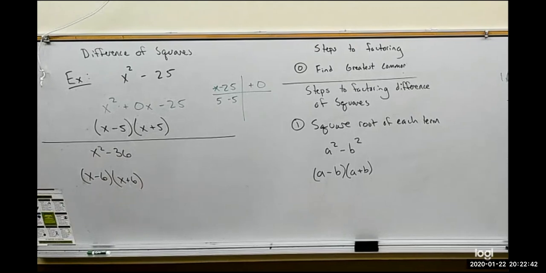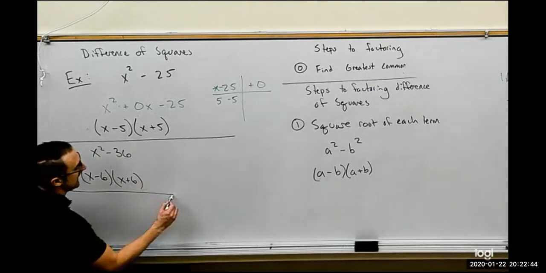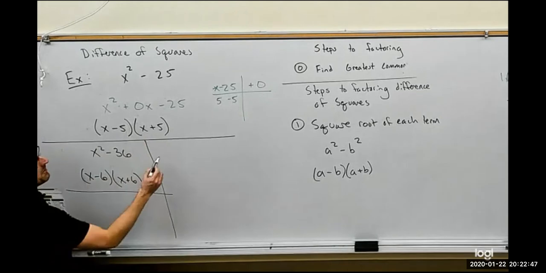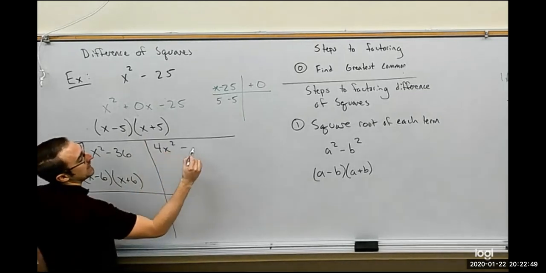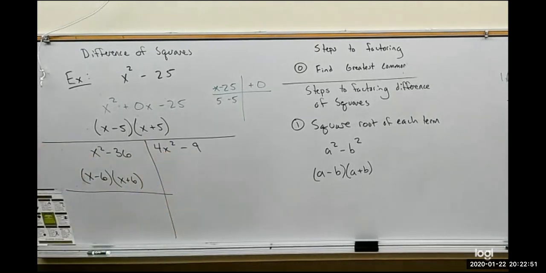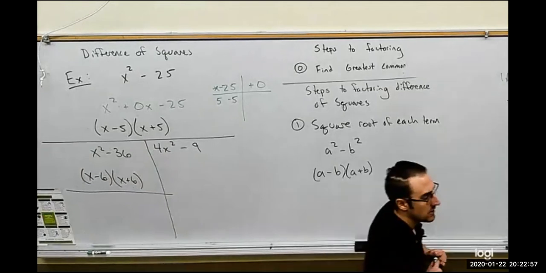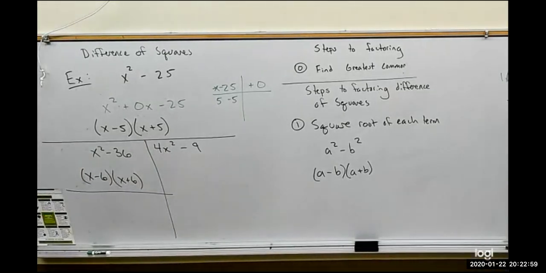We can try to make them a little bit more difficult. All right, let's add a level of difficulty. How about 4x squared minus 9? Trying to add a level of difficulty here. So the green's a little bit hard to read.